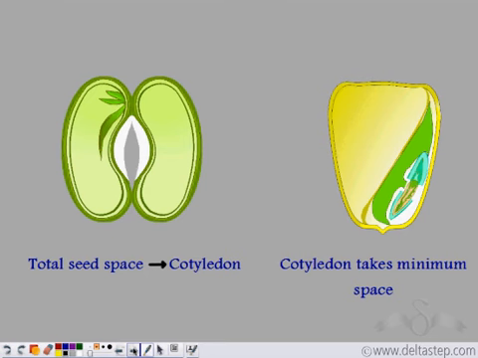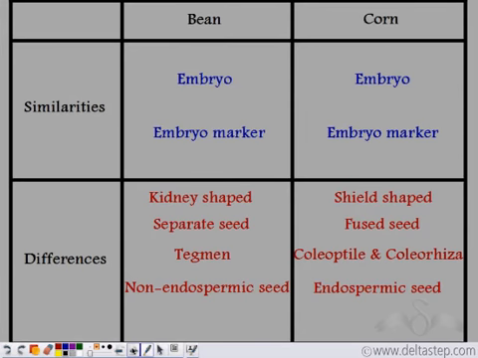But in case of a corn, which is an endospermic seed, the cotyledon takes the minimum space. This is the cotyledon. So beans are non-endospermic seeds and corns are endospermic seeds.